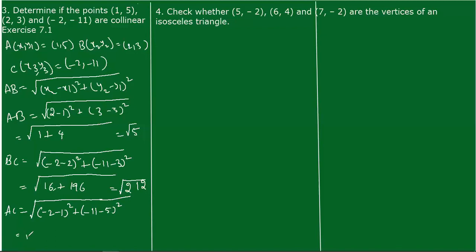Minus 2 minus 1 is minus 3, minus 3 square is 9, and minus 11 minus 5 is minus 16, minus 16 whole square is 256. So it is around 265.